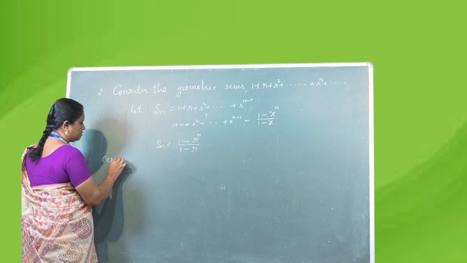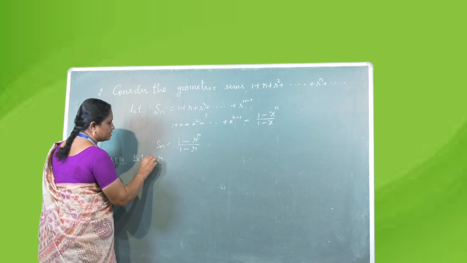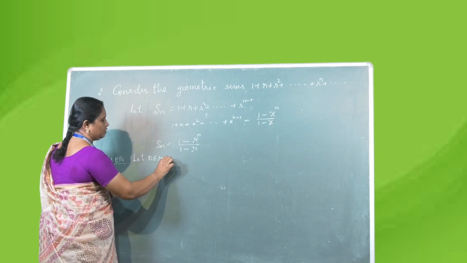First let us consider case 1: let r vary such that 0 is less than or equal to r less than 1.